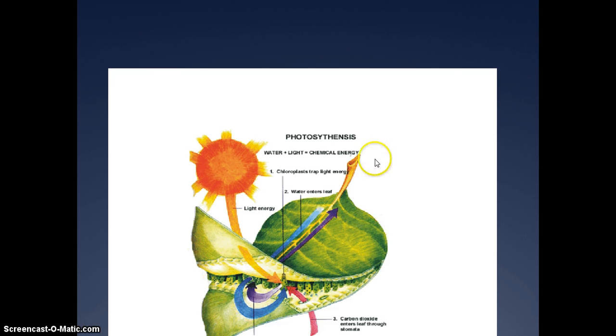So notice that carbon dioxide is right here passing through those openings, which are called stomata, S-T-O-M-A-T-A, and we will look at stomata once we are back in school.